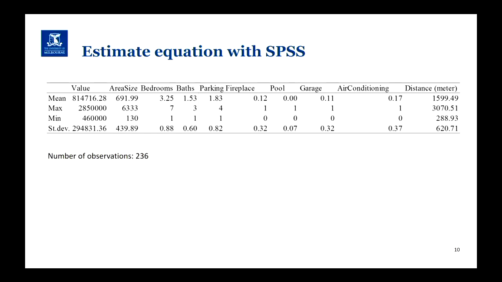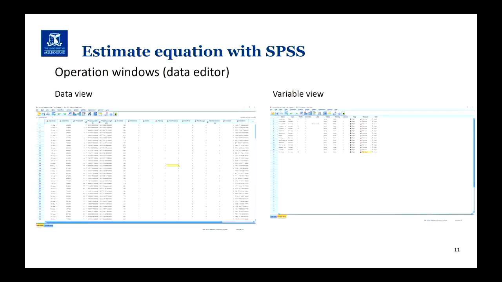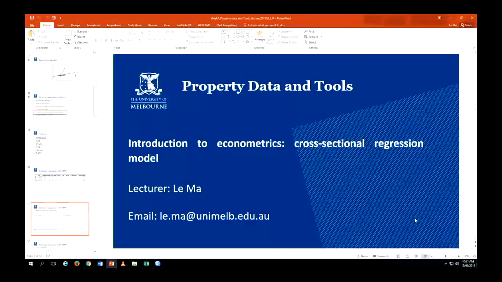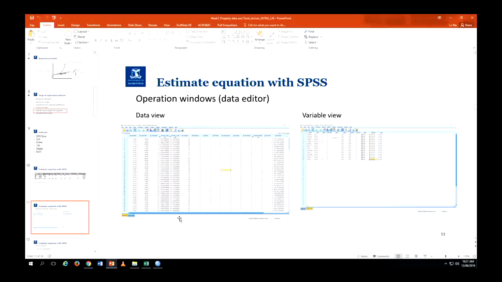And that's the summary or descriptive statistics of all the data we collected from the website. And we can see the mean, maximum, minimum, and standard deviation. And then we are going to import the data into SPSS.